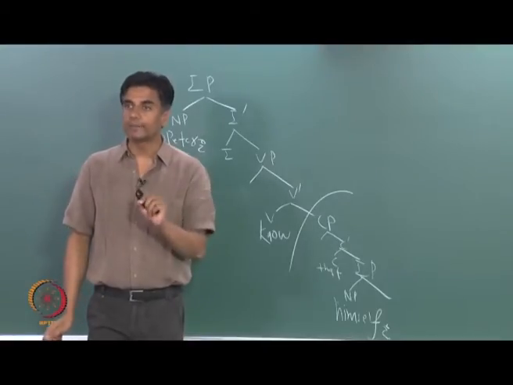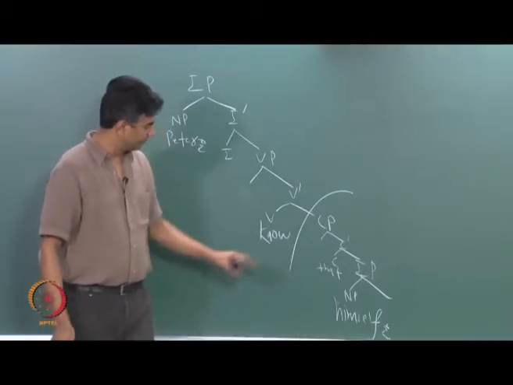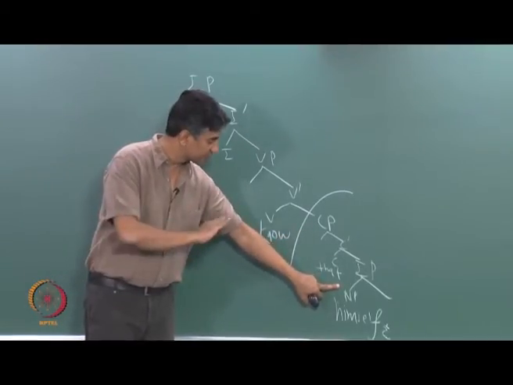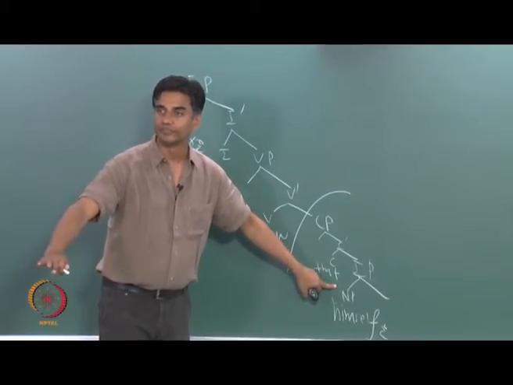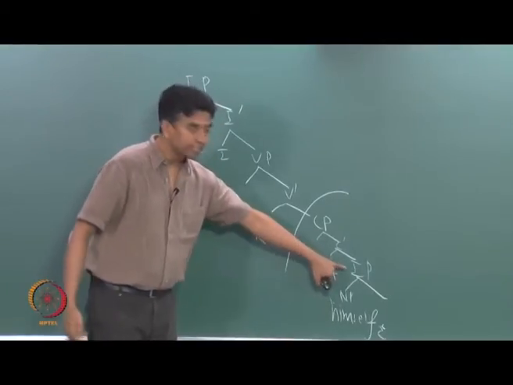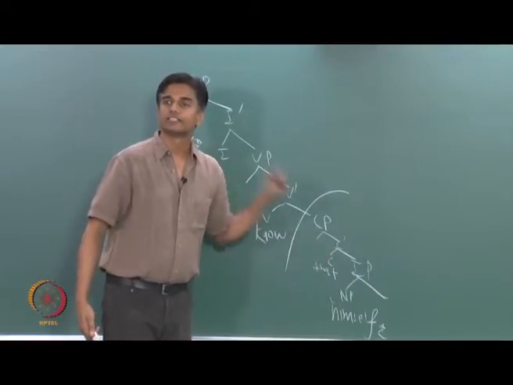A finite IP becomes a barrier. This IP is finite because we are saying knows that himself saw John. That's a tensed IP, finite IP. So this finite IP becomes a barrier for C command.